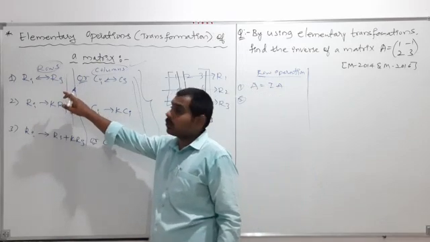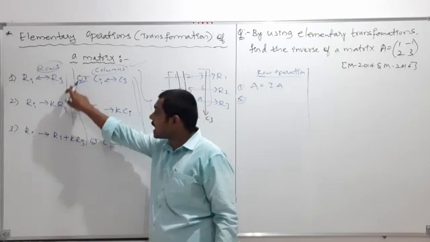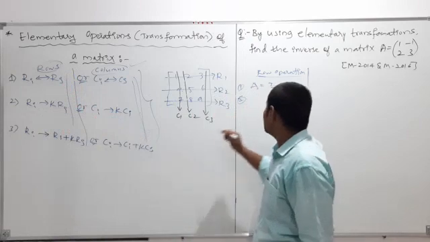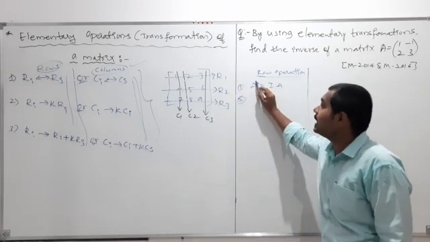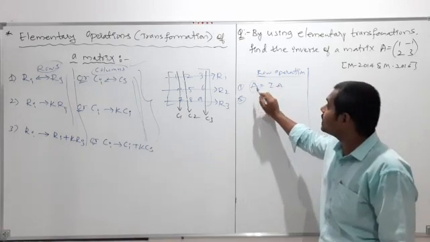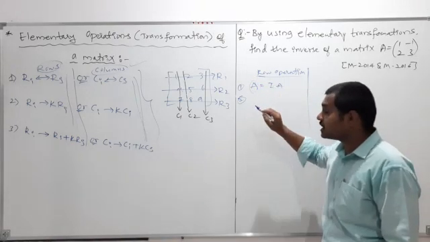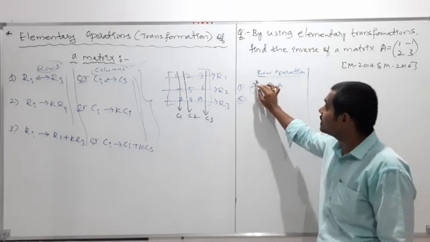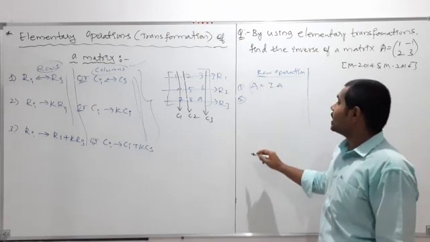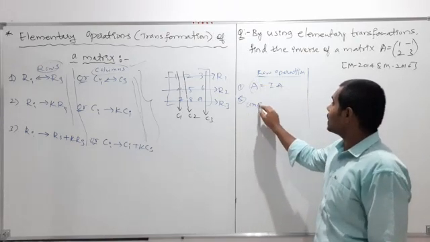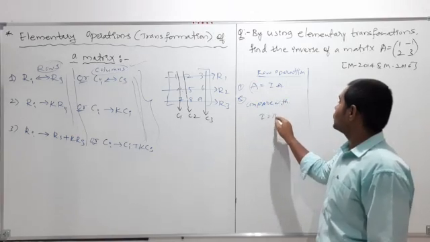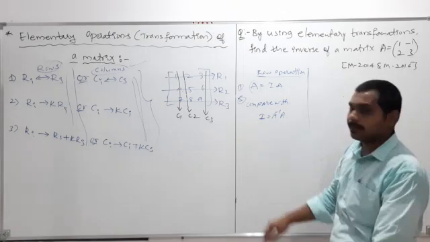Now you can understand why I explained these three: by using these three operations I convert the LHS into the identity matrix. After converting the A matrix into the identity matrix, I can compare with I is equal to A inverse into A.